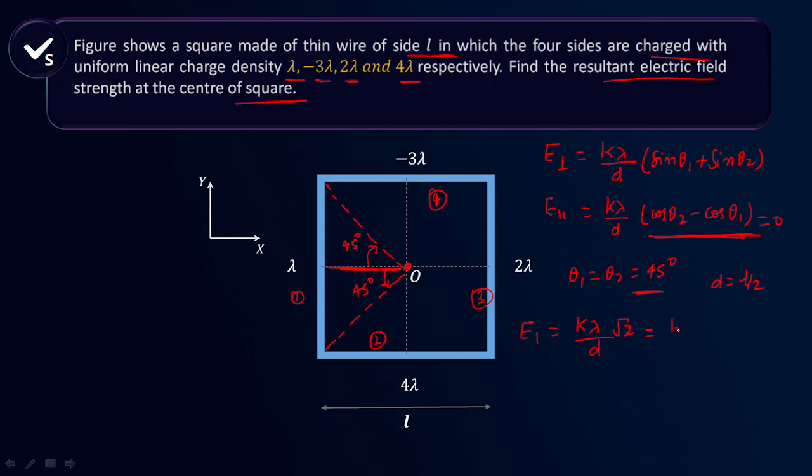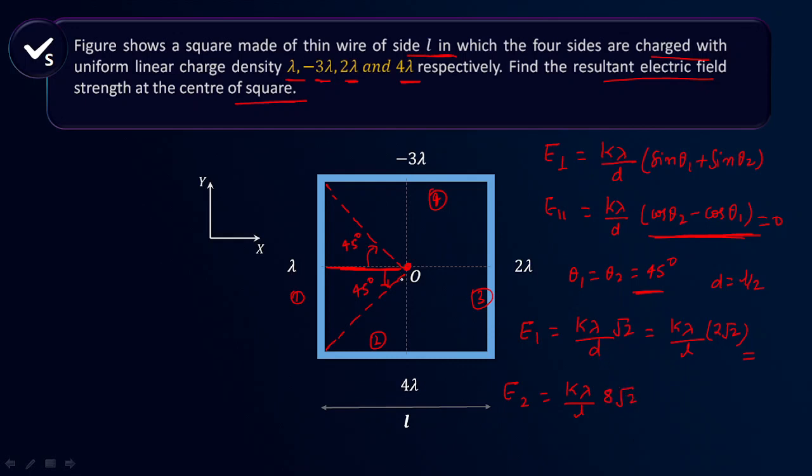So it will be equals to k lambda by (L by 2). So it will become 2 root 2. Right. Now similarly if I want to write E2, what we have to change is only the value of lambda. So E2 we have 4 lambda. So we can write 4 times 2 is 8. So k lambda by L into 8 root 2, right?